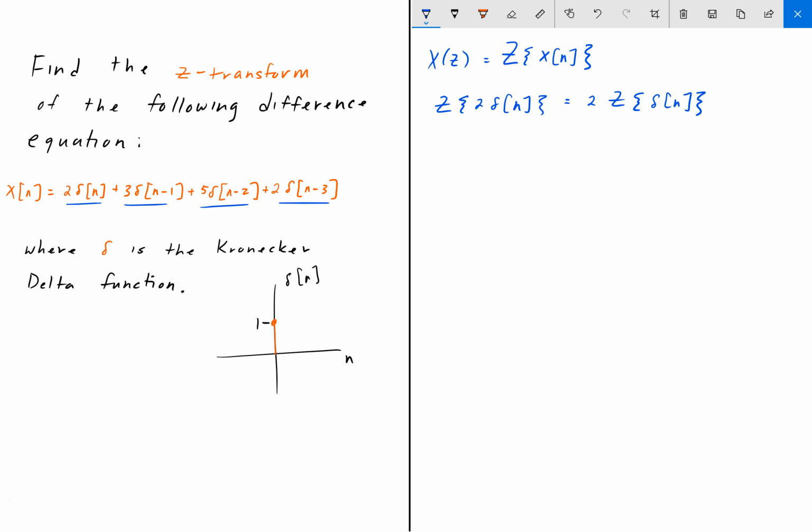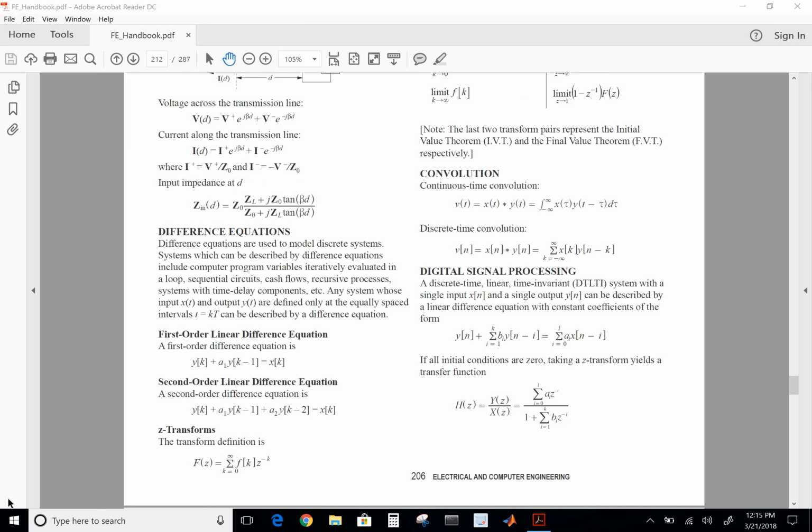In order to solve this, we can go to the FE handbook, where we have a table of z-transforms, and we can find the z-transform of this delta function. So here in the FE handbook, page 206 in this version, we have a section on difference equations. We're given what a first order and a second order difference equation look like, and the definition of a z-transform.